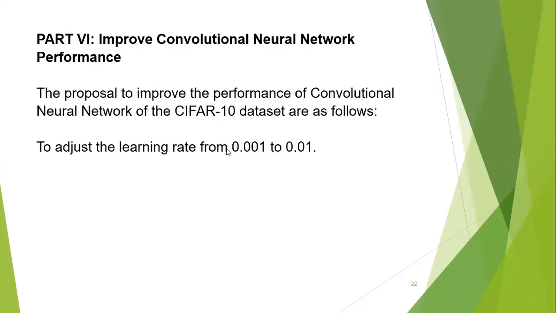So we tried to see whether we can improve on this performance. We adjusted the learning rate from 0.001 to 0.01 to see whether the CIFAR-10 dataset would be able to learn more features and improve on the accuracy.